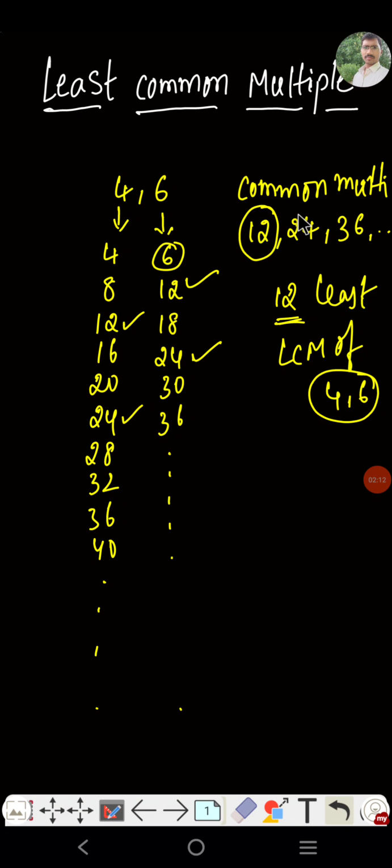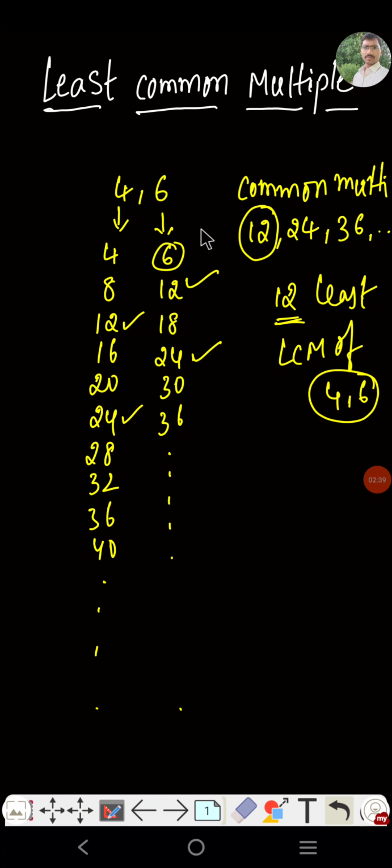In the common multiples, the least value is called the LCM of the given two numbers. Common multiples exist after 12, like 24, 36 and so on, but the least common multiple is 12 only. That's why it is called the LCM of 4 comma 6.